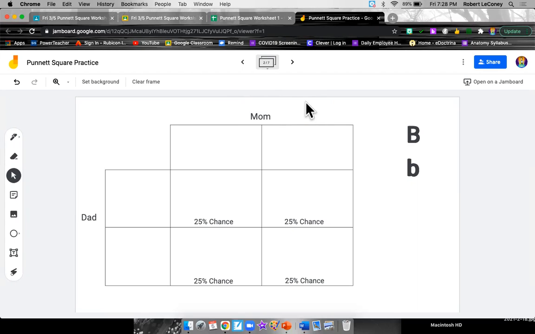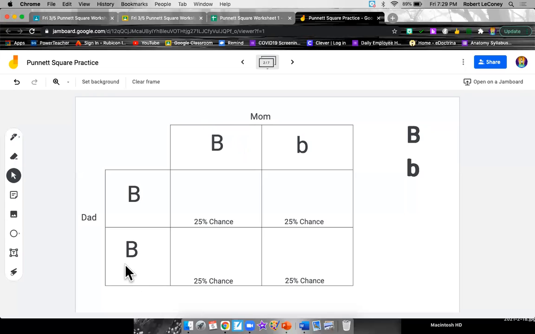I don't know. Everyone's different. So we're going to make it up. We'll say mom has a dominant allele from one of her parents and a recessive allele from the other parent. And we'll say dad has a dominant allele from one of his parents and another dominant allele from his other parent. His mom gave him a dominant and his dad gave him a dominant.